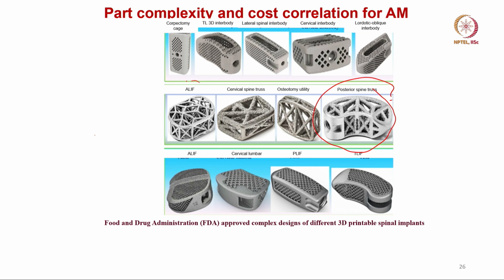You can see that ELIF, and you can see how the different struts are very organized in a very complex manner. And these are the final components that you can see in this particular row. Now, if you consider conventional manufacturing to manufacture these kinds of parts, you will notice that this will take an enormous amount of time.